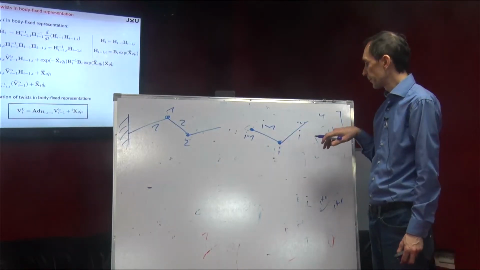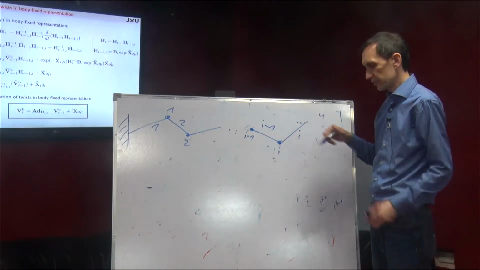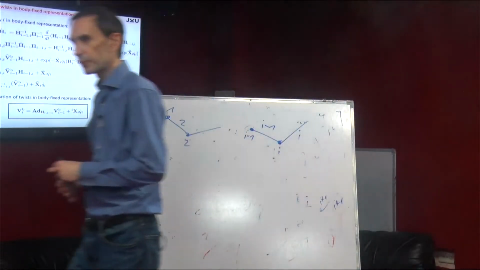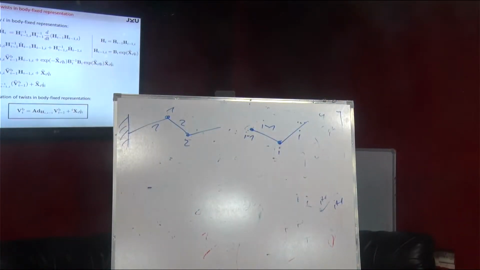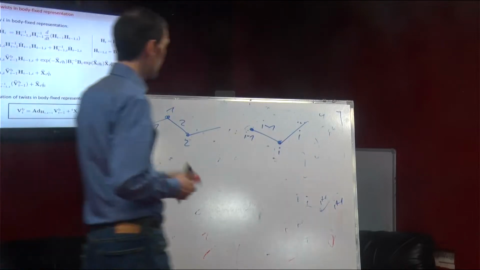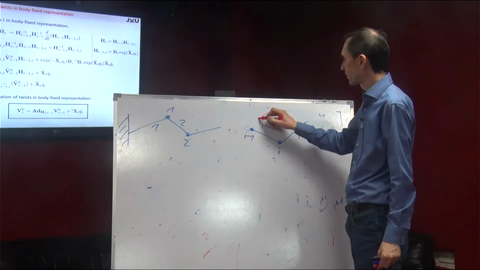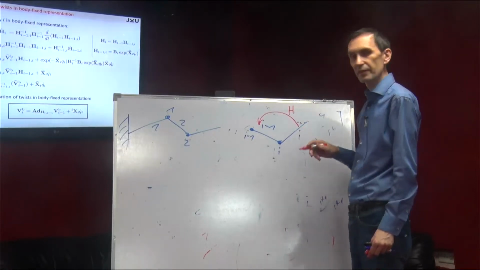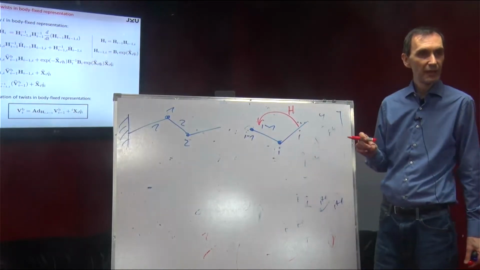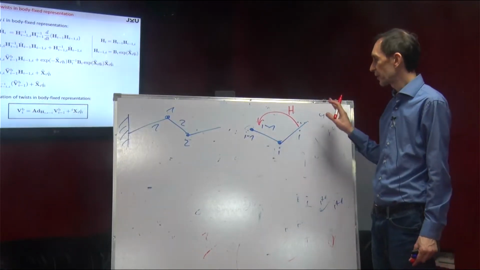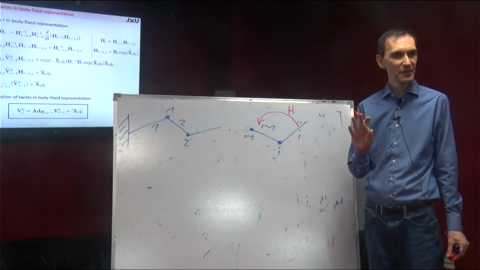So what do I know? How do I go from I to I minus 1? Well, we know already, right? That's the transformation we talk about all the time. Because from here to here, you go via H, which one? You see, you don't have to think about it if you just understood the notation.